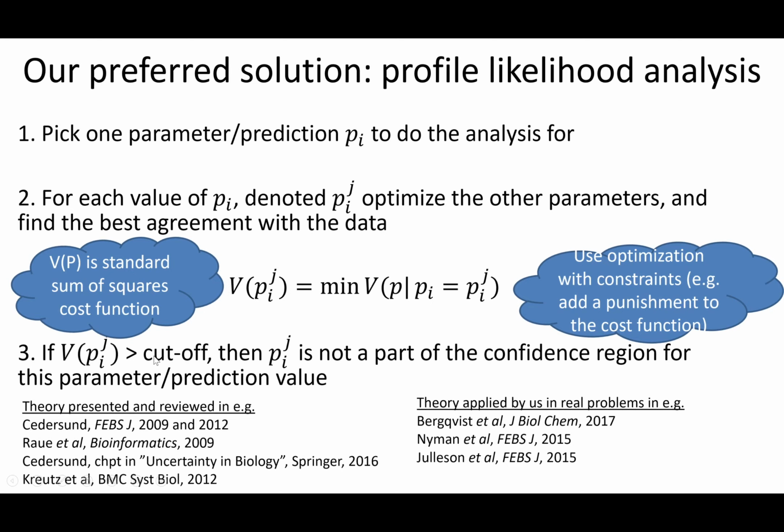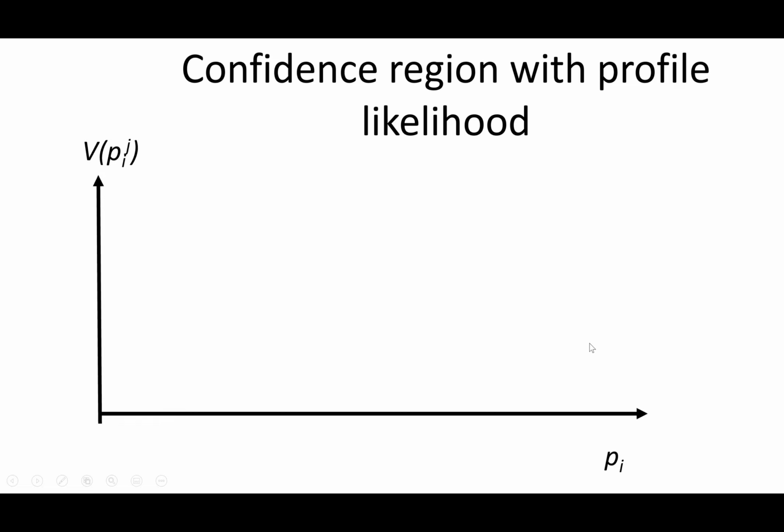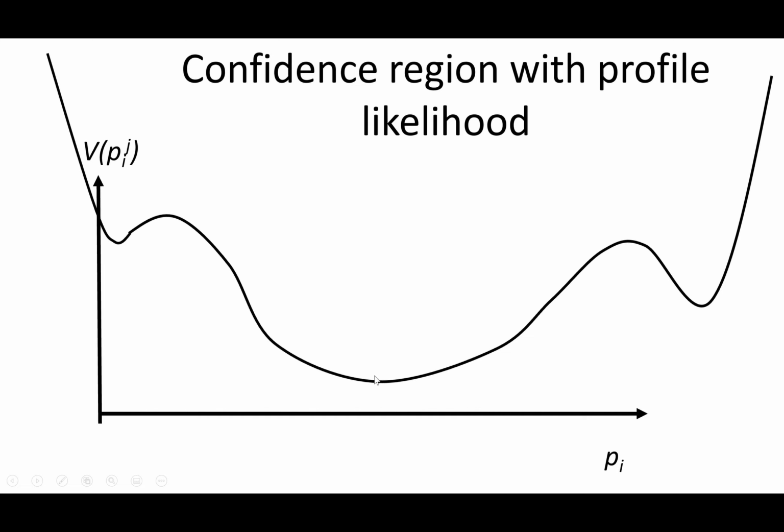If this is non-acceptable, so if it's above the cutoff, if it's a cost function, then it's not part of the confidence region. So you get these type of curves where here you have a parameter or a prediction, here you have the cost, and the optimum is here, and then you step away and you optimize, step away and optimize, step away and optimize until you reach a cutoff.